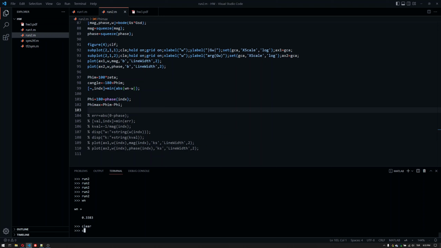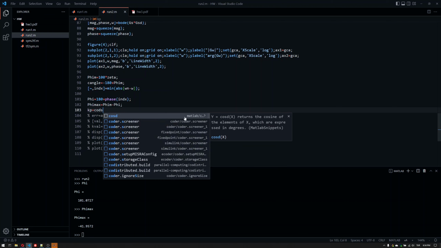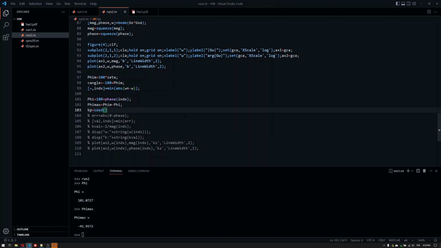So let me first calculate them. So phi max. There we go. Now, Kp, the proportional part of our controller, can be calculated using cosine. I'm using cosine d for degrees.